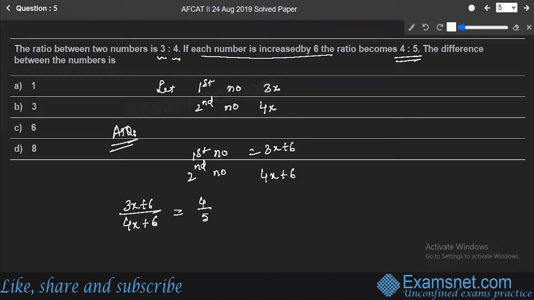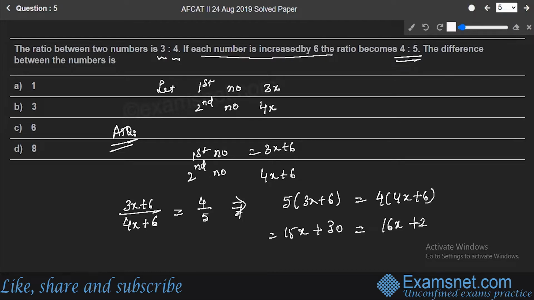So (3x plus 6) upon (4x plus 6) is equal to 4 by 5. Let's do the cross multiplication now. So 5 into (3x plus 6) is equal to 4 into (4x plus 6). 15x plus 30 is equal to 16x plus 24.